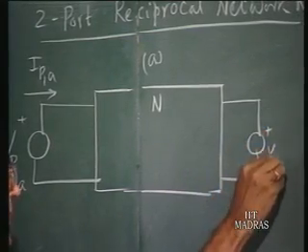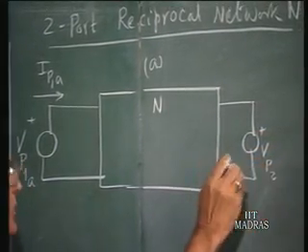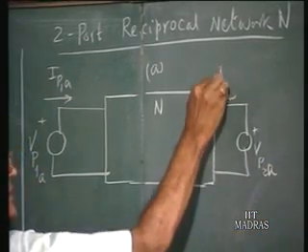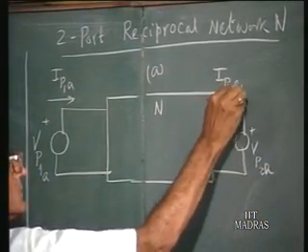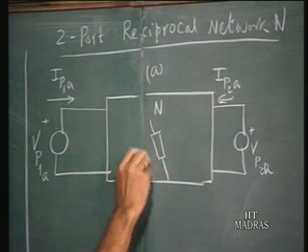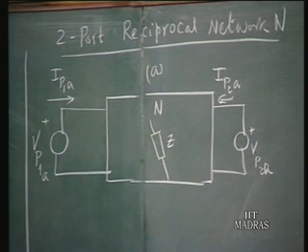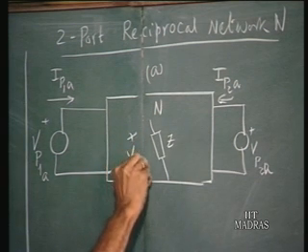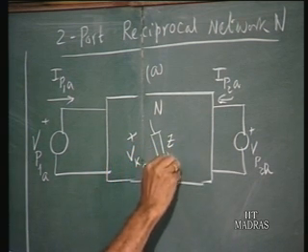This is VP2A, the P2 means port 2, and the corresponding current IP2A. And there is a general element here inside the network, let us say impedance Z. It has got a voltage VKA and a current IKA.